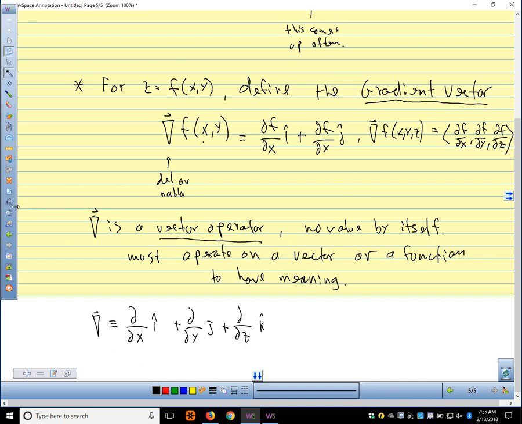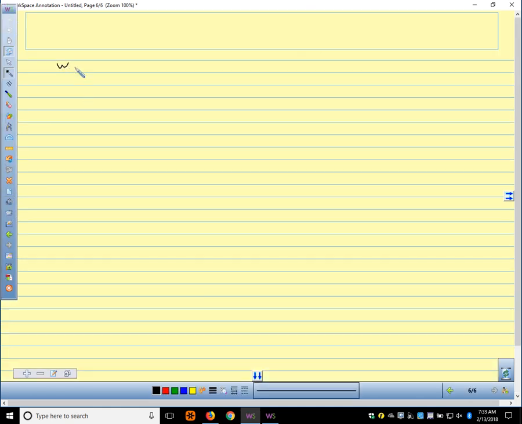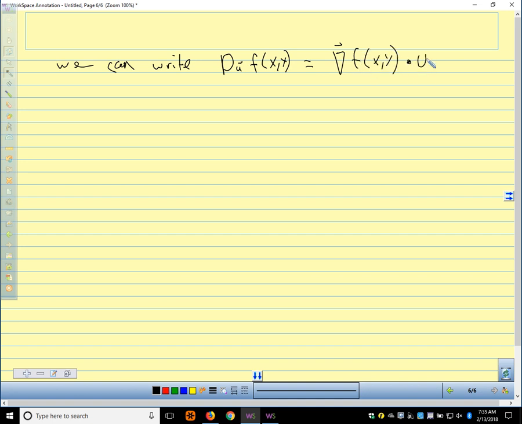All right, so we can write that the directional derivative of f of x, y is del f of x, y dot u. And this is how I always think of the directional derivative. Del f dot u. That's the directional derivative.